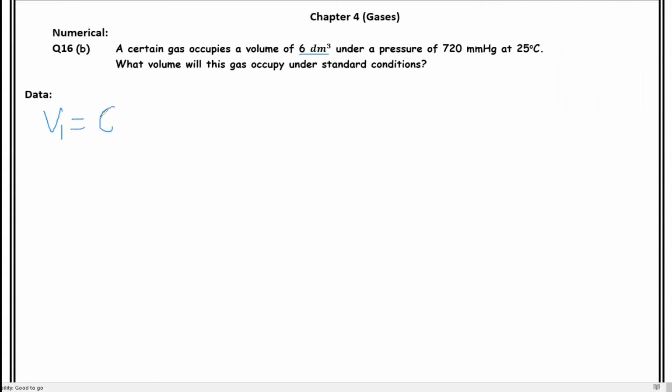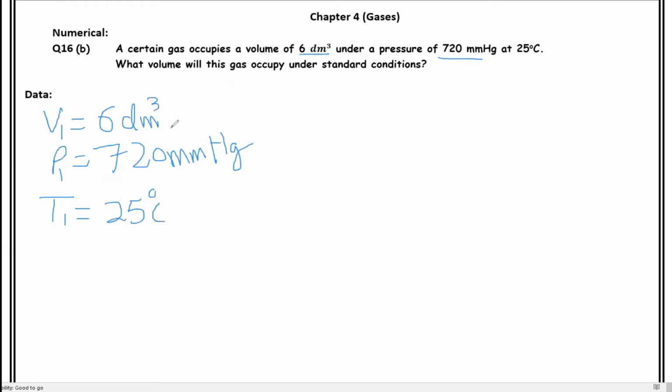So we write the volume of the given container at the initial state is 6 dm cube, and the pressure of the container at the initial state is 720 millimeter of mercury. Temperature is given to us, initial temperature T1 is 25 degrees centigrade. In the second case, what volume? You find the volume again, it means V2 should be question mark.